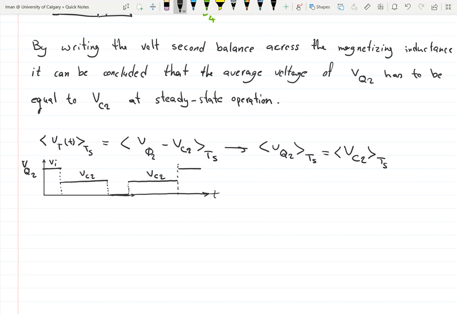Okay, so writing the average of VQ2, if this is dTS over 2, and then this is (1 minus d)TS over 2, this is dTS over 2, and again this is (1 minus d)TS over 2.